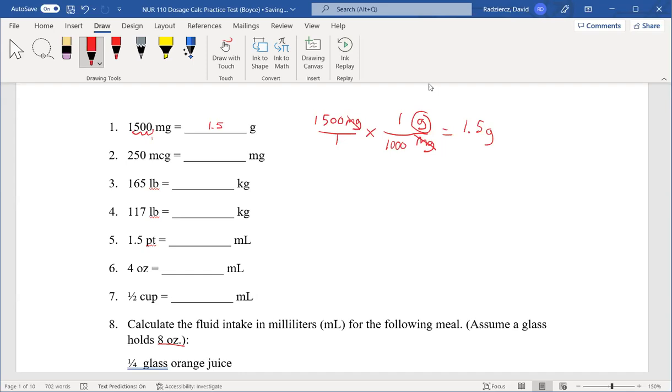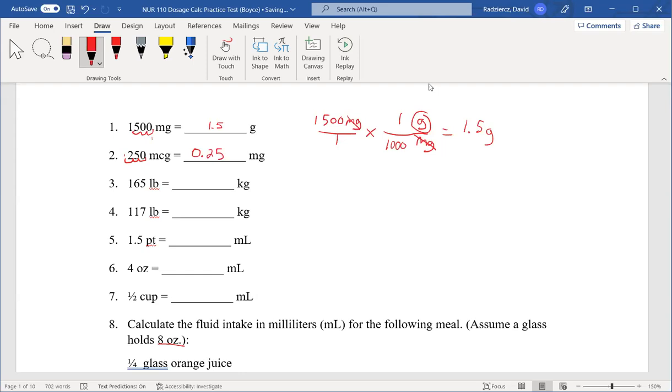Micrograms to milligrams, I'm going to do the same thing. I know that there's 1000 micrograms in 1 milligram. And so that tells me I'm going to move my decimal point over 3 to the left again. And so my answer would be 0.25 milligrams.